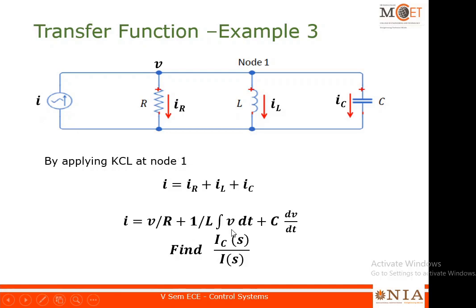That is, you have to find capital IC of S by I of S. The clue is here. Please write the input current equation, as well as the IC current separately. So 2 equations you will get. After writing the 2 equations, you can take the Laplace, divide it, so that you get your transfer function. So I give this as a small assignment to the students.